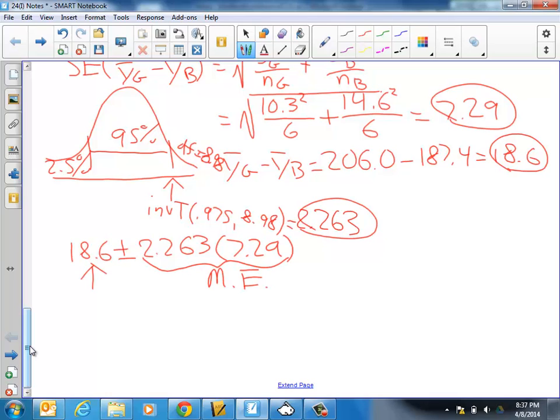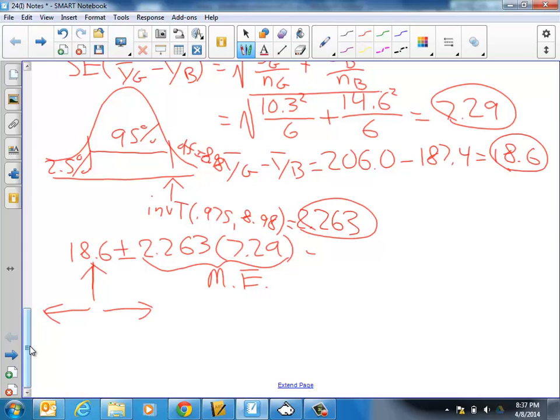Your confidence interval is centered here. That's the mean of the confidence interval, the 18.6. And then you're going this margin of error to the right and this margin of error to the left of this mean right here to get your entire window to capture the true mean difference between generics and brand names.